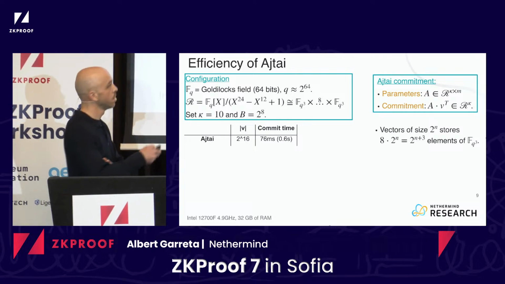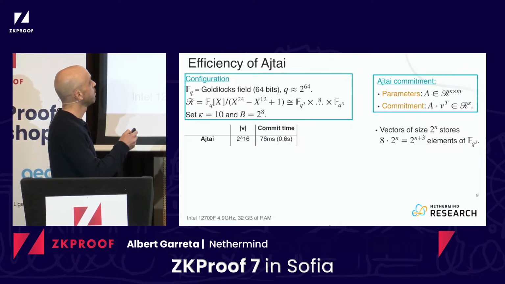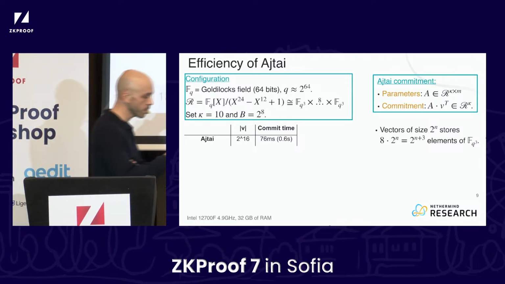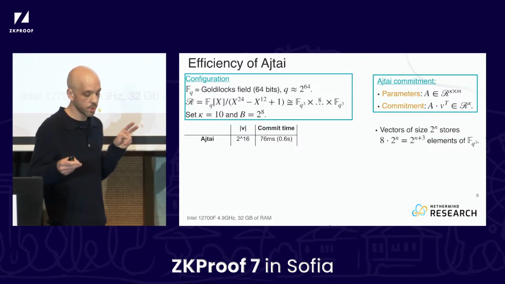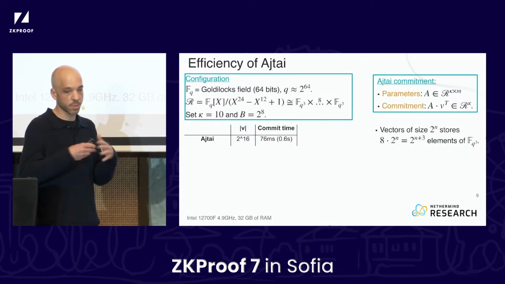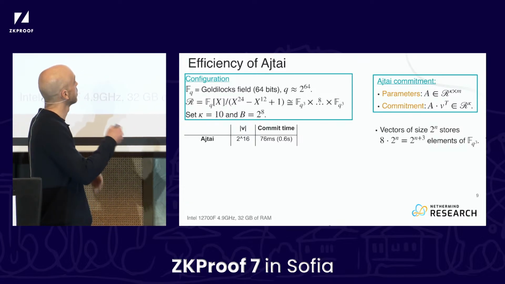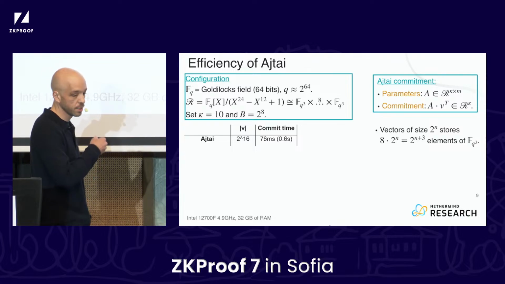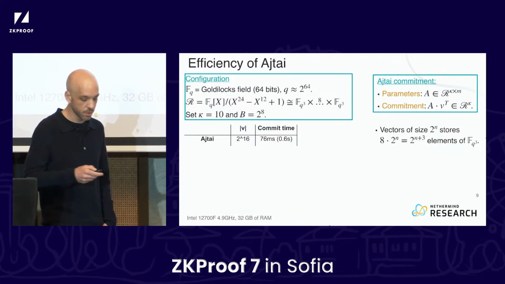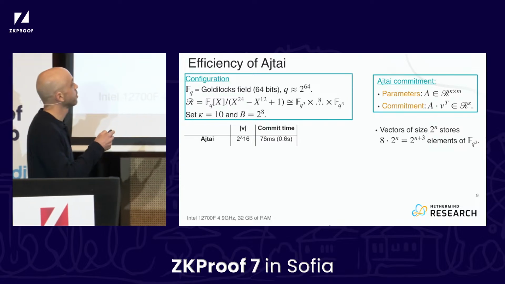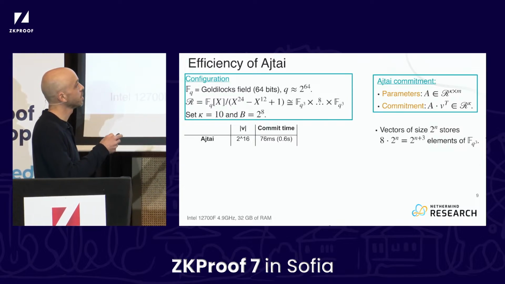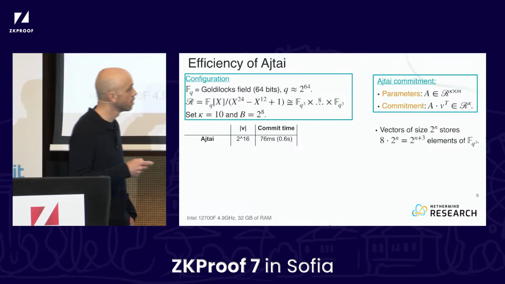So committing to a vector of 2 to the 16 ring elements can be, in some applications, the same as encoding a vector with 2 to the 19 field elements. So in this case, we would be able to commit to 2 to the 19 field elements in 76 milliseconds.